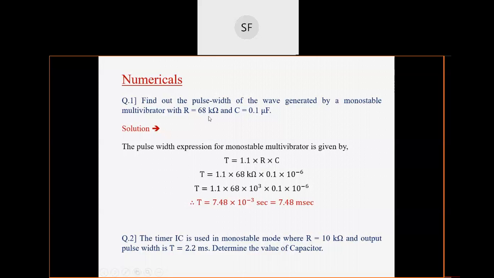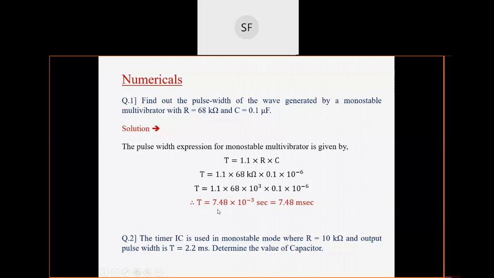So this denomination you should understand. The scales you should understand. Kilo stands for 10 raised to power 3. Micro stands for 10 raised to power minus 6. Okay, so if you are having the calci, you can just verify this calculation. So the time period or the pulse width of the output pulse given by the monostable multivibrator, my final answer is 7.48 millisecond.